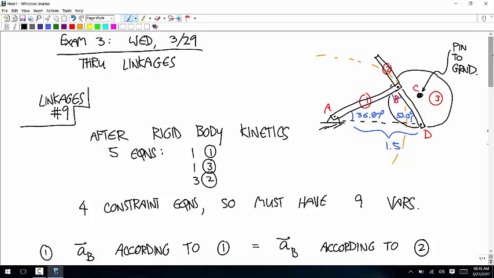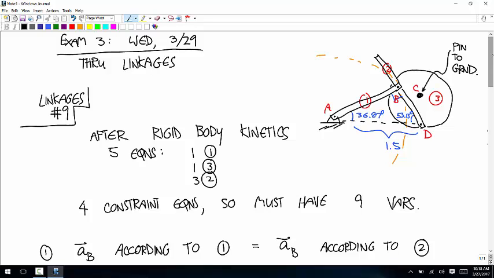We're going to get an expression that has omega 1 and omega 2 in it, and that's what we're going to solve for. Why wouldn't it just be omega 2 cross the r vector from D?